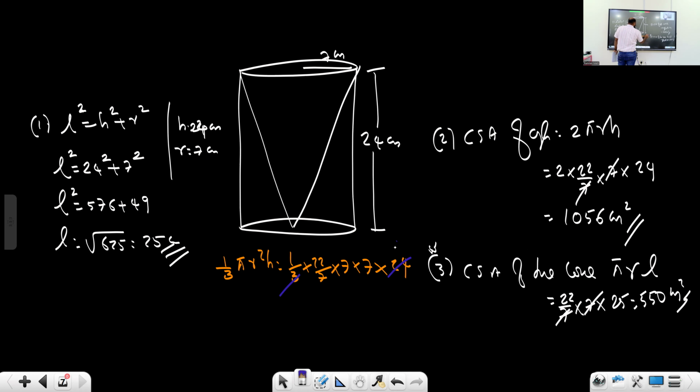This and this cancelled, 8. 22 into 56. How much? 1232 centimeter cube. Don't copy from here. Just write and calculate and write it. 1232 centimeter cube.